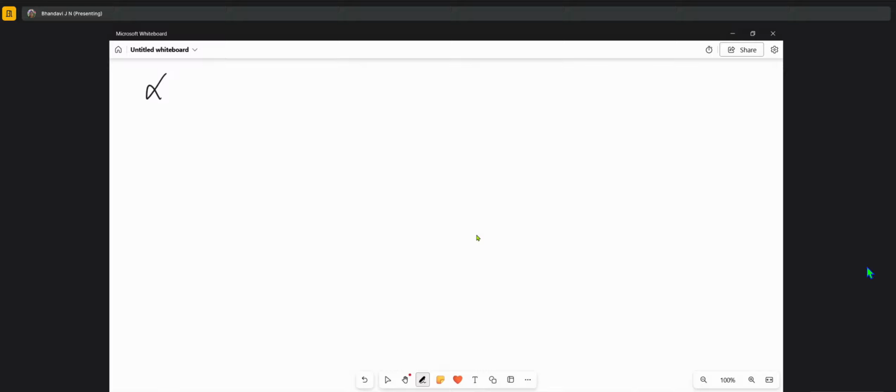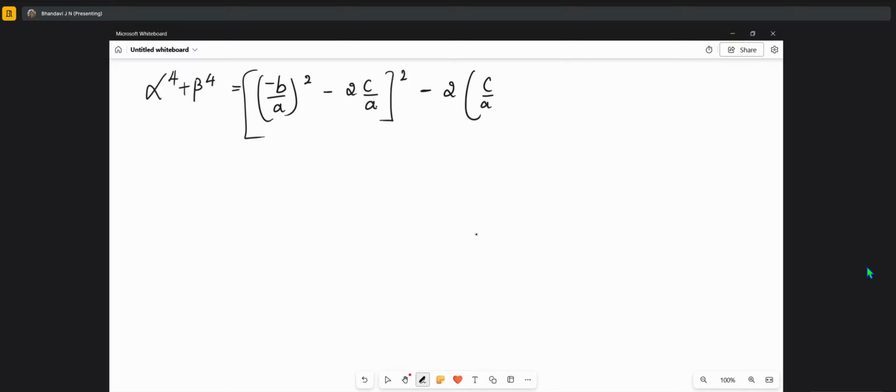So what do you have? Alpha to the power of 4 plus beta to the power of 4. Now this is equal to, we have minus b by a whole square minus 2 into c by a, this whole square minus 2 into c by a whole square. Okay. Now minus b by a whole square will be equal, minus into minus plus, it is b square by a square minus 2c by a, minus 2c square by a square.